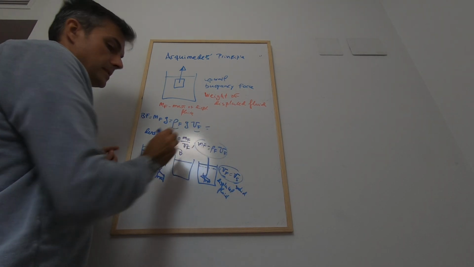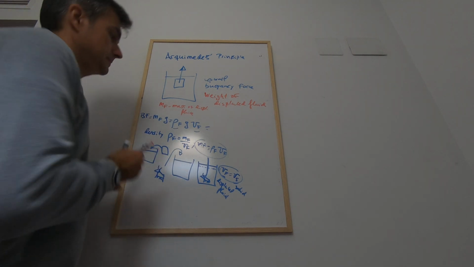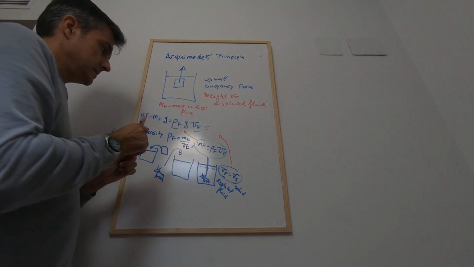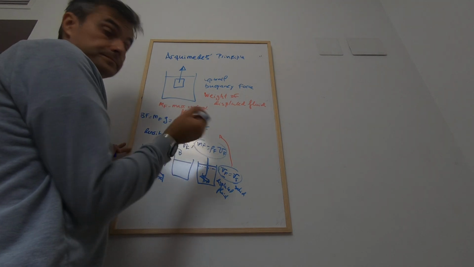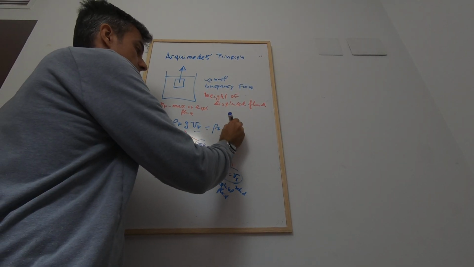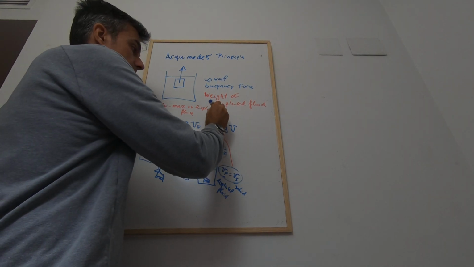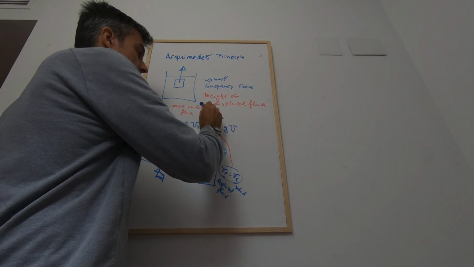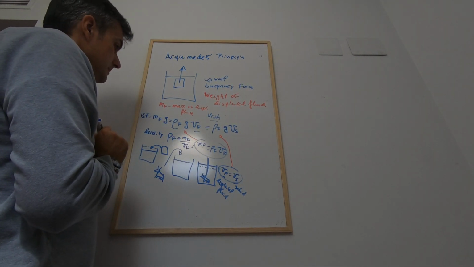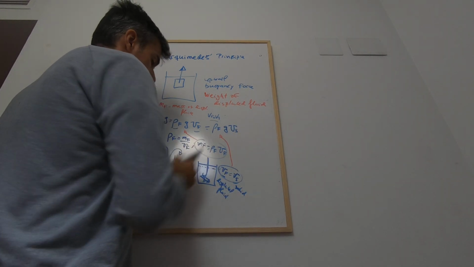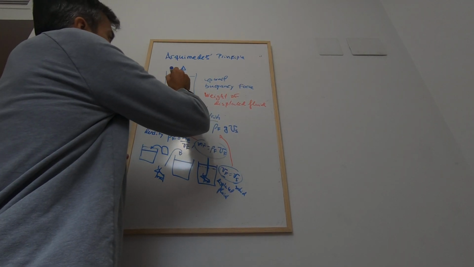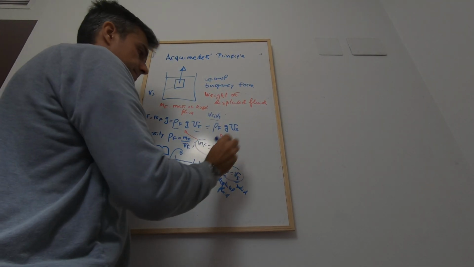First I substitute the MF here, and now I substitute there: rho F G VF, and since VF equals VS, this is the volume of the solid inside the liquid, because it's inside.